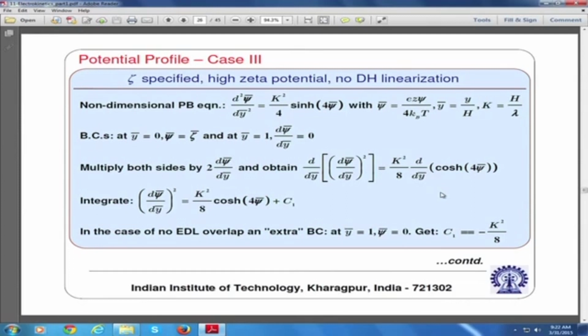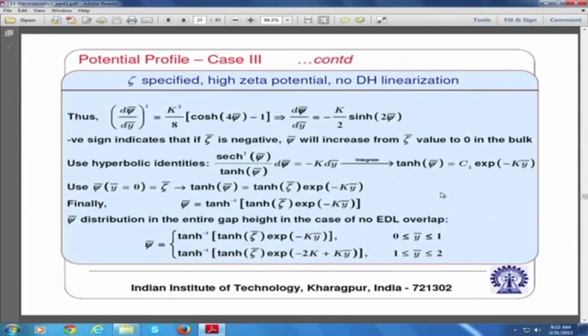that C1 is the constant of integration. Then d psi dy square is equal to this. Now when you take the square root, you have to consider whether you have to take the positive root or the negative root, and for that just use a physical judgment: if zeta is negative then psi will increase from a negative value at the wall to 0 at the bulk, right.